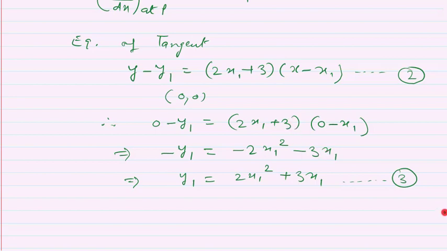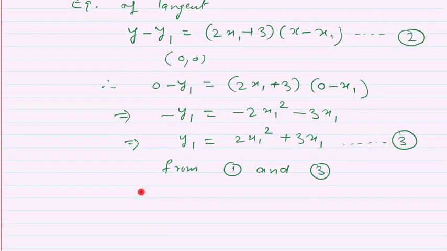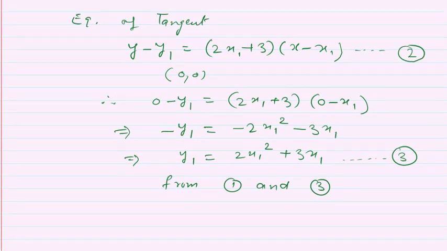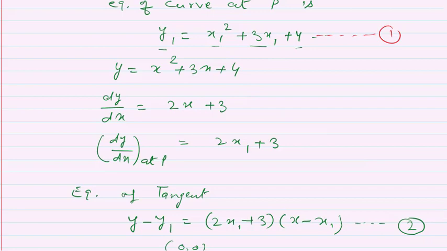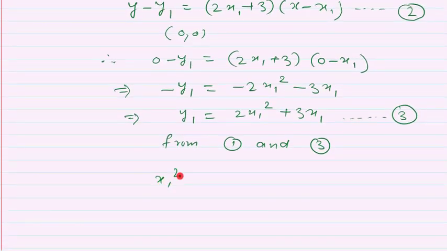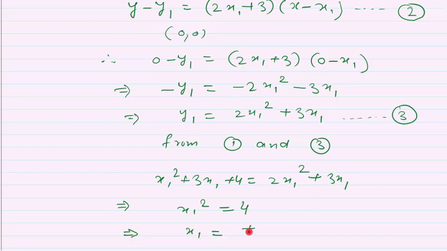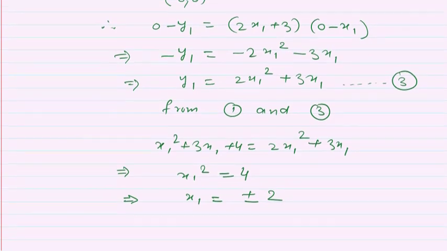So, if we compare the two relations, first and third, from 1 and 3, we have x1 square plus 3x1 plus 4 is equal to 2x1 square plus 3x1. And from here, you are getting x1 square, 3x1 get cancelled from both the sides, which is equal to 4. So, clearly, the values of x1 that you are getting are plus minus 2.